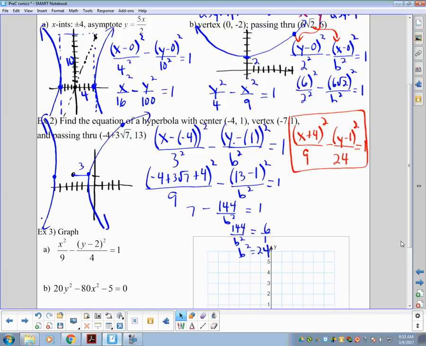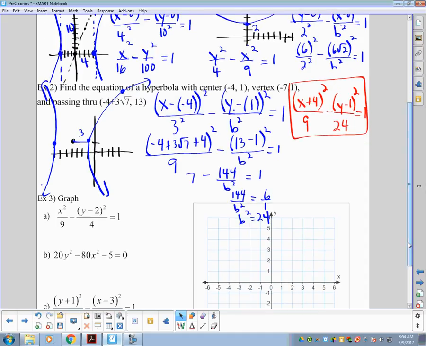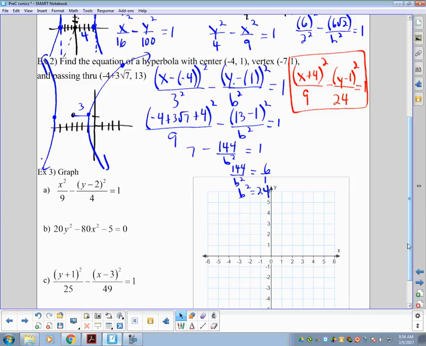So you don't need to take the square root and then re-square it. b² equals 24. So that's finding the equation of the hyperbola with lots of different given information. Any questions on that?